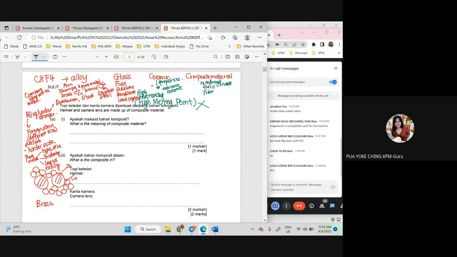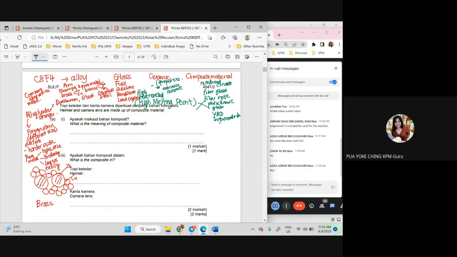Fiberglass. Fiber optic. Photochromic glass. Your YBCO superconductor. Okay, this is the few which is famous yang suka keluar lah. Tapi biasanya SPM dia suka keluar yang kita luar jangka.